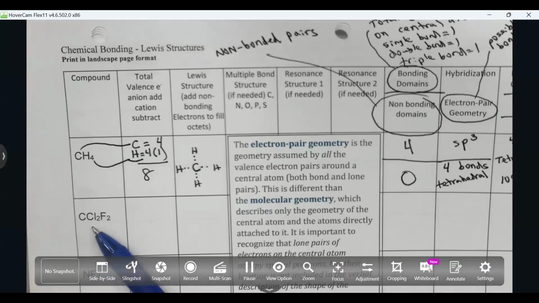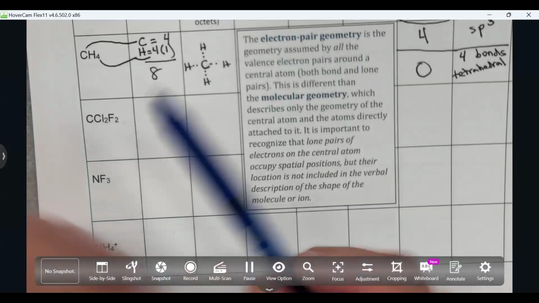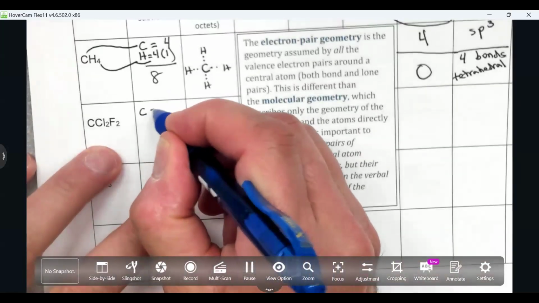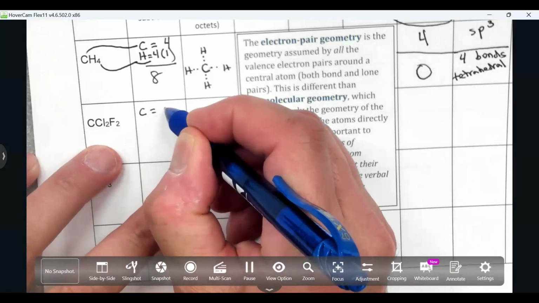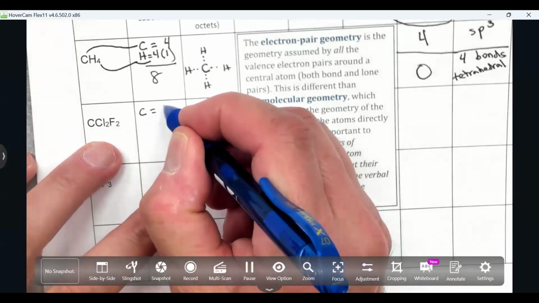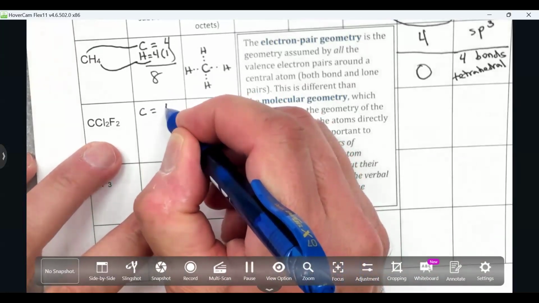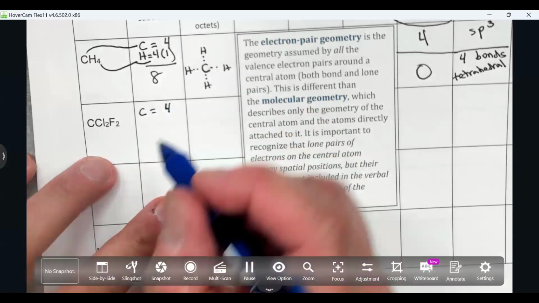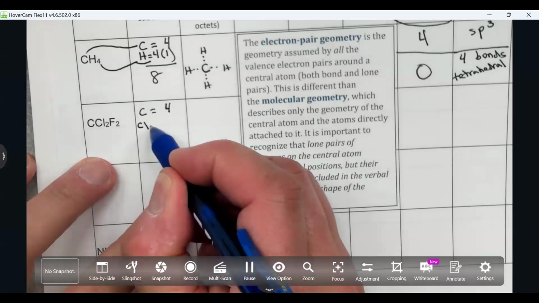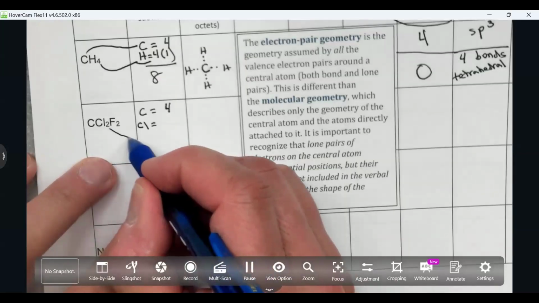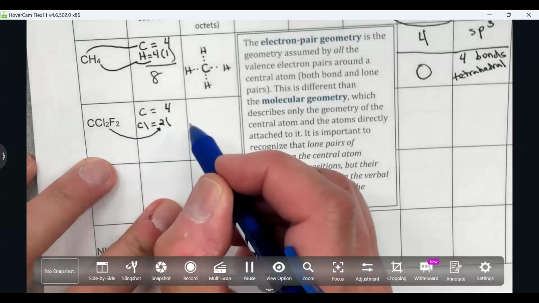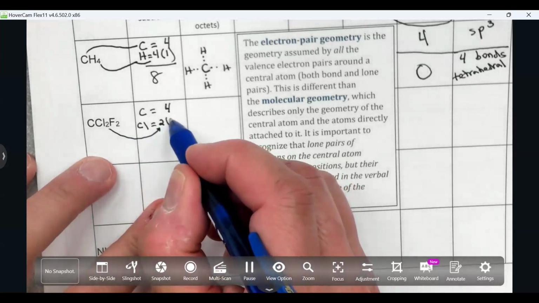We have CCl2F2. Total valence electrons. My total valence electrons for carbon is 4. It's in group 14. Chlorine, 2 times.